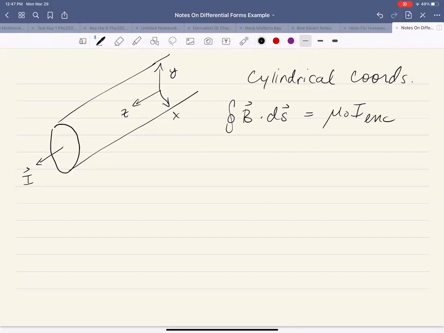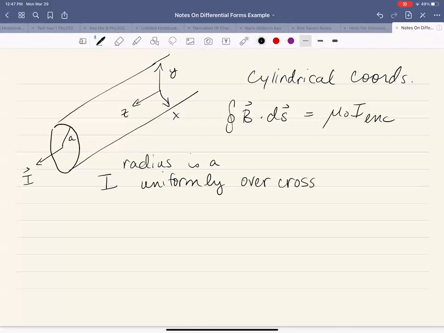Now, let's say that the radius of our wire is A, and that the total current is I, uniformly distributed across the cross section of the wire. So if you took some little slice of that cross-sectional area in one spot and then another spot, if the slices were the same size, the current would be the same.